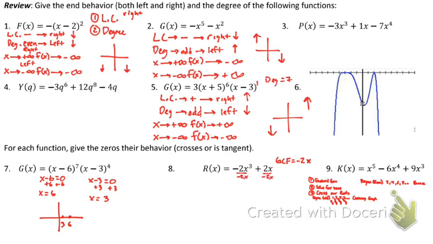So we want to turn it into factored form. We have our GCF, -2x, in front. Sorry guys, I made a mistake here.